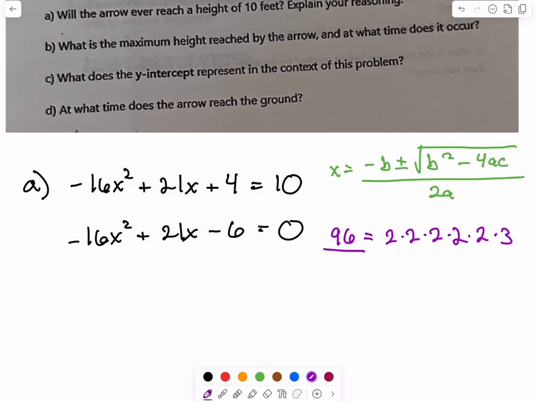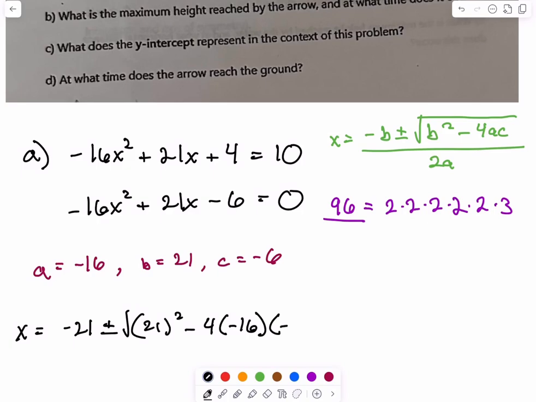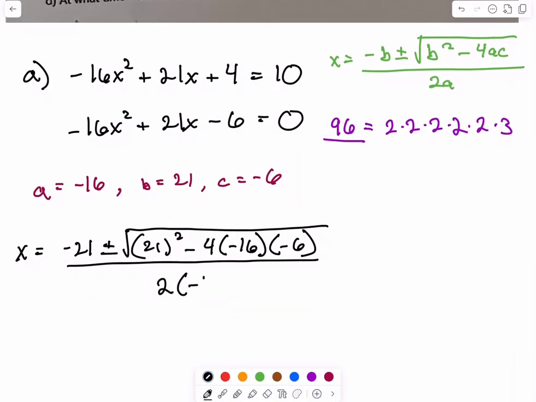So if we let our A be negative 16, let our B be 21, and let our C be negative 6, then X is going to equal negative 21 plus or minus the square root of 21 squared minus 4 times our A times our C, all over 2a. Let's keep going.